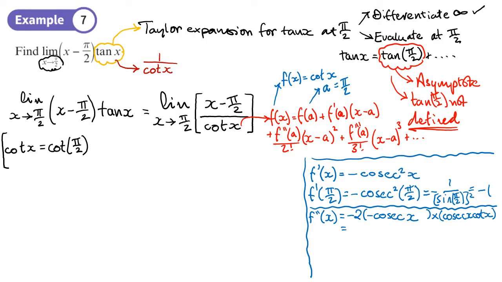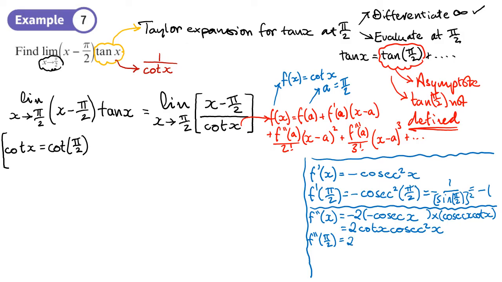So we can tidy that up, and we'll get 2 cot x cosec squared x. And again, we're going to evaluate what this is at pi over 2.